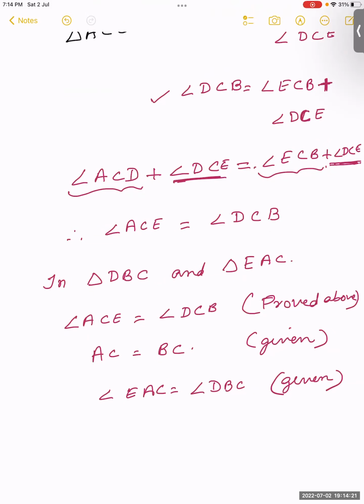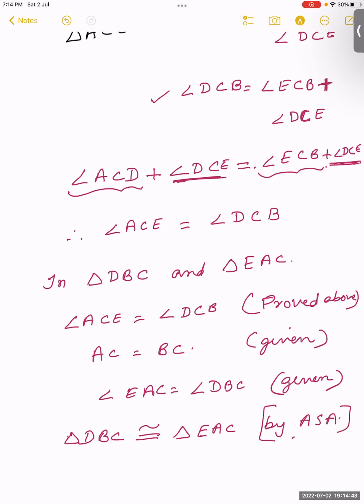So three pieces of information are given to you. And if you look at it, triangle DBC is congruent to triangle, which one? EAC. By which rule? ASA, angle side angle, by ASA rule.